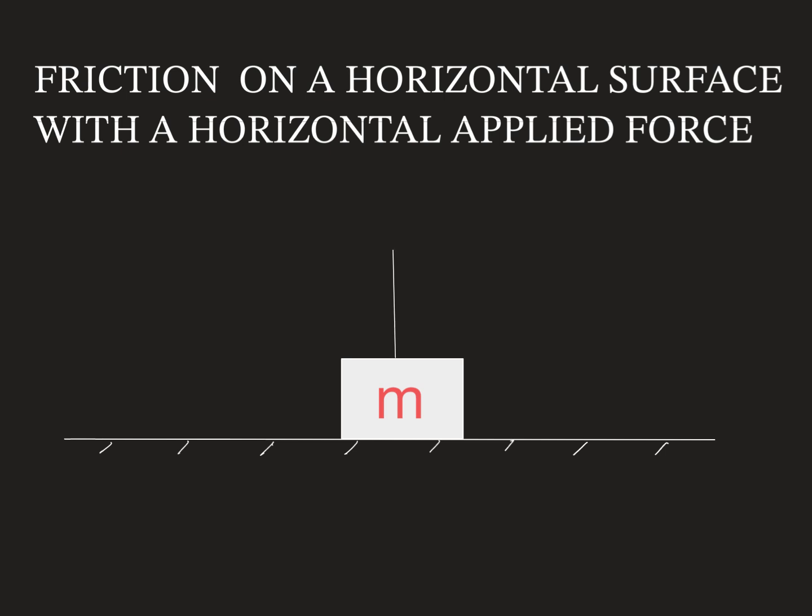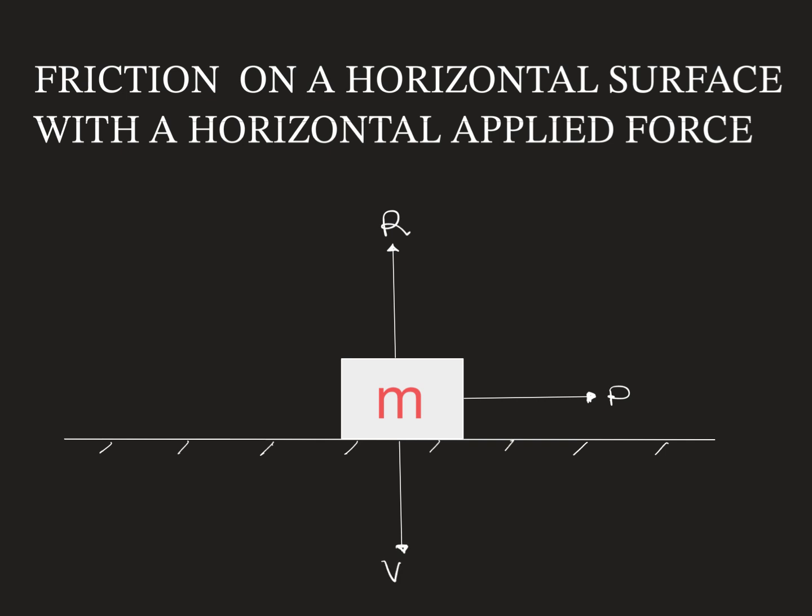a vertical force known as the normal reaction R. Let's say this is the applied force that is acting horizontally, and is P. We will have the weight of the object that is going to act vertically downwards.